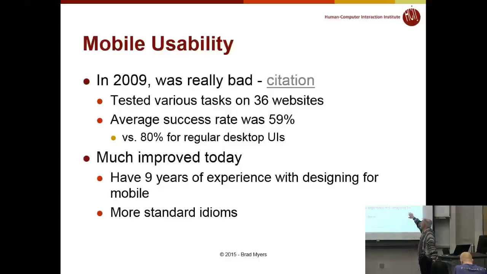So in 2009, he showed that the success rate was only 59% versus 80% for pretty much the same products on PCs. And he reports that it's much better today, although he doesn't give any numbers, that nowadays they're much more comparable, that people are doing fairly successful web access.